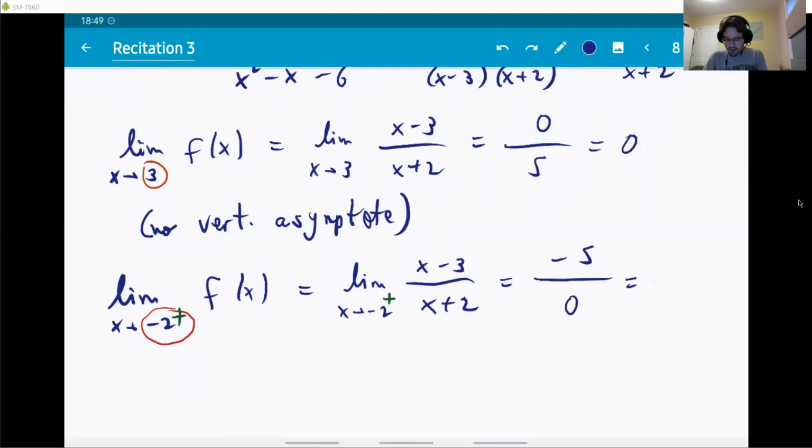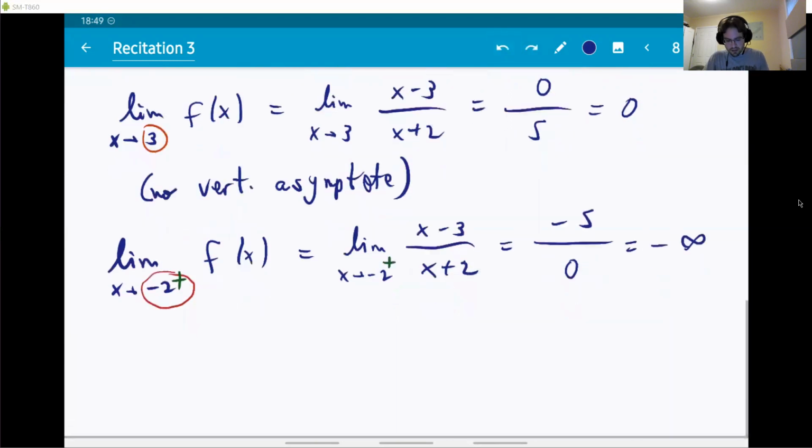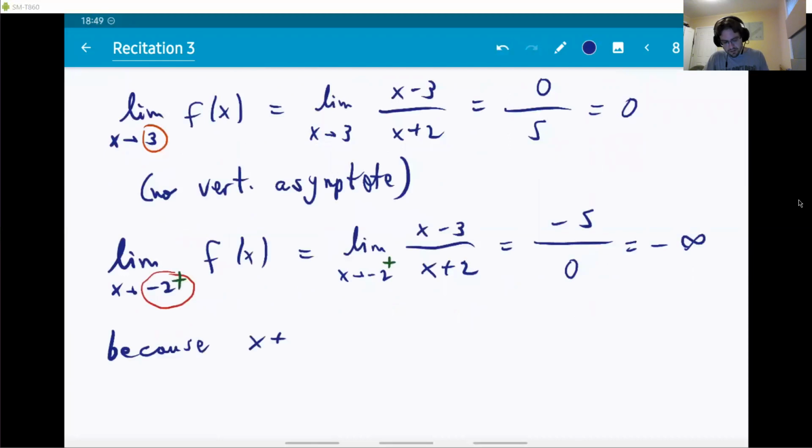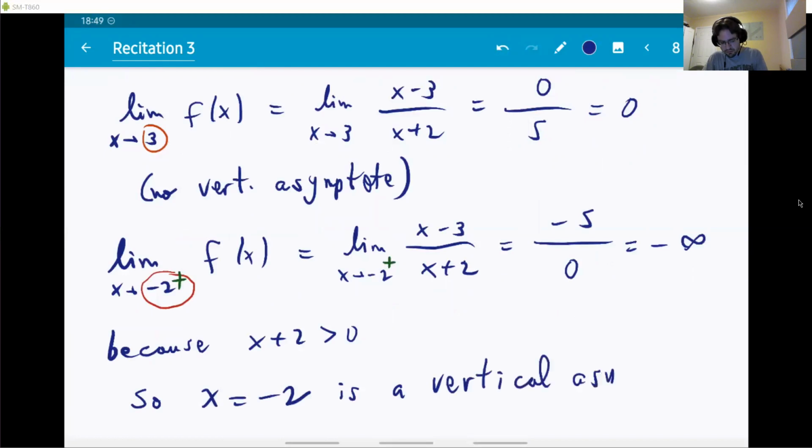So this is actually minus infinity with this negative upstairs, because x plus 2 is positive in this case. So because there was an infinity value there, this line x equals negative 2 is a vertical asymptote. And it's the only one.